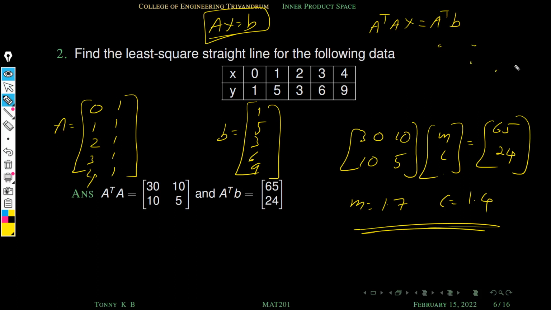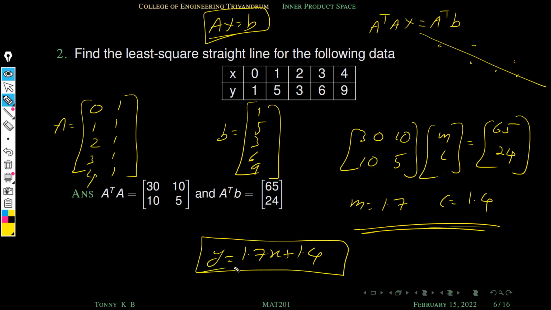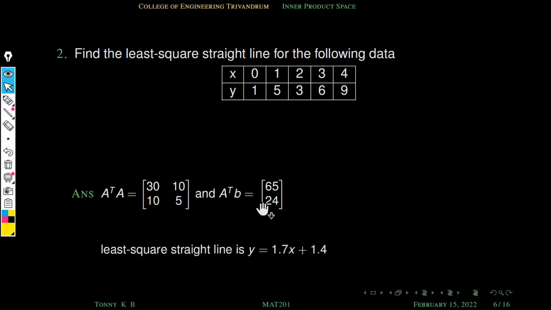The best straight line is given by the equation y is equal to mx plus c, that is 1.7x plus 1.4. So this straight line minimizes the least square error. You got it? That's the idea of the method of least squares.